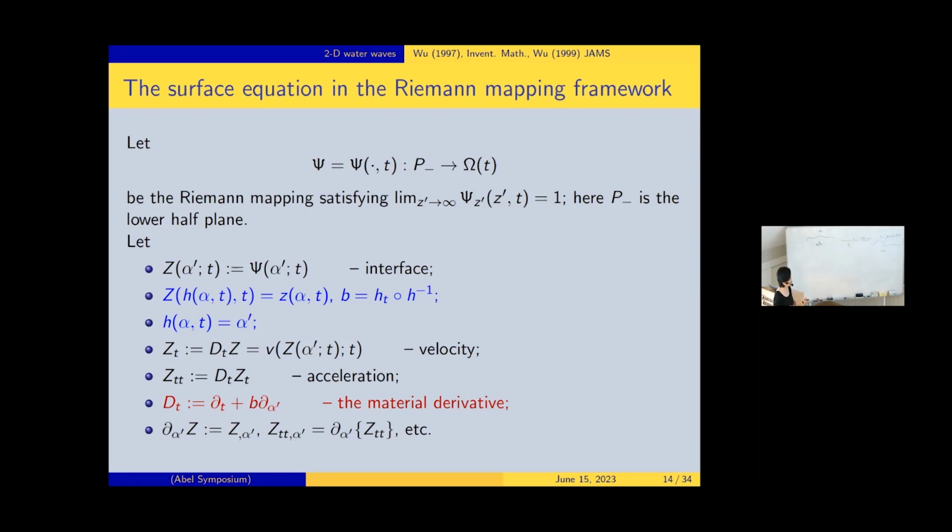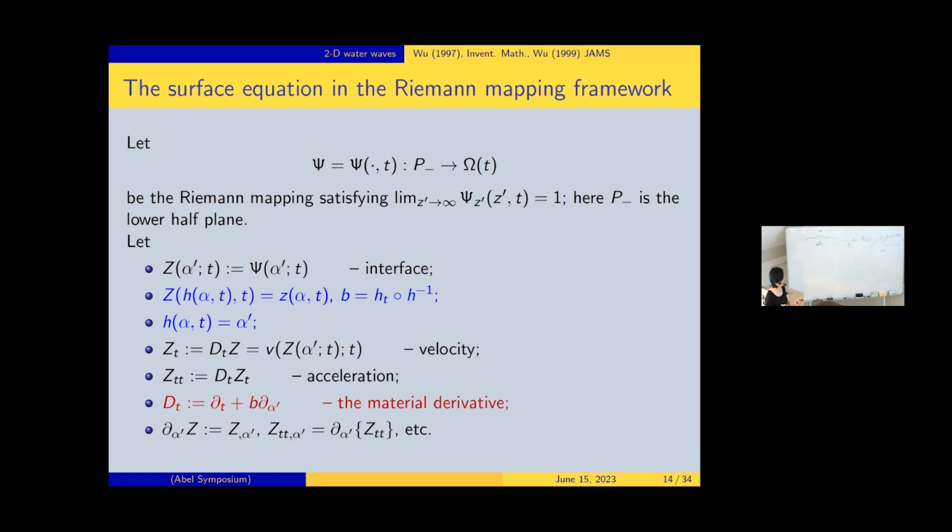In other words, it is the time derivative following the particle trajectory. This is basically the chain rule, so a b comes out: capital Dt is dt plus b d alpha prime. This will be the velocity, and if you take one more material derivative of the velocity, you get acceleration. These are just notations.